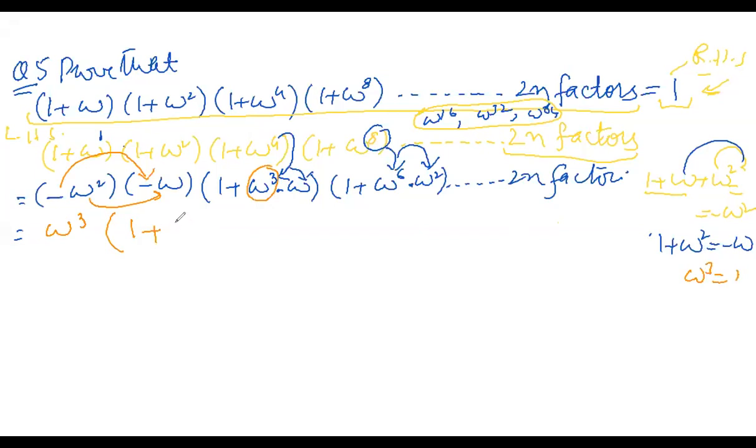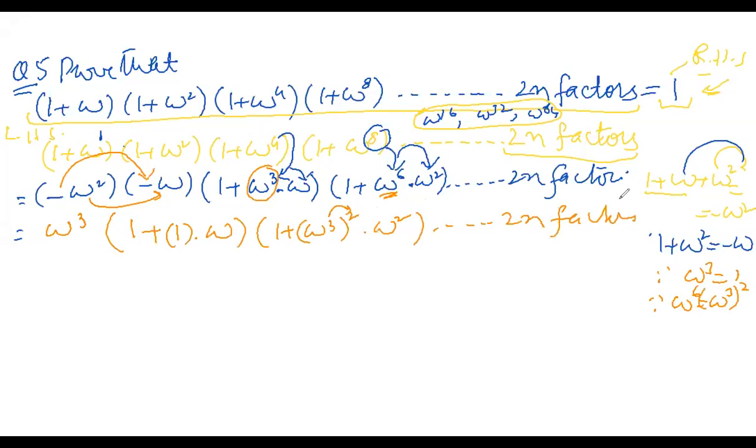So we can write here 1 into omega. Similarly, 1 plus, instead of writing this one, we can write omega cube square. Hope you are getting it. After expanding, we will get the same omega 6 into omega square, and we'll get the 2n factors.